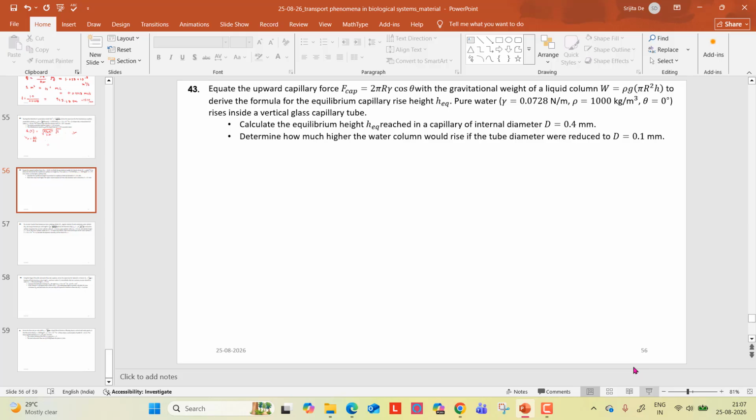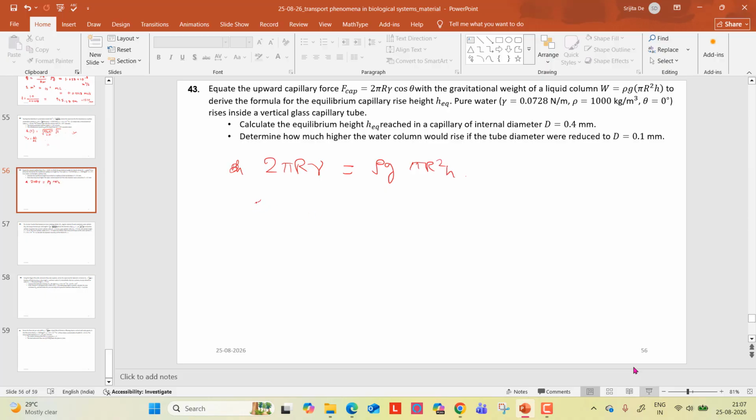Equate the upward capillary force with the gravitational weight of a liquid column to derive the formula for the equilibrium capillary rise h eq. Okay, so it is already told what to do. Earlier also we did, from there you just equate 2 pi r gamma equals rho g pi r square h.